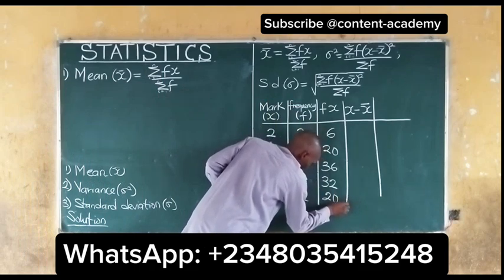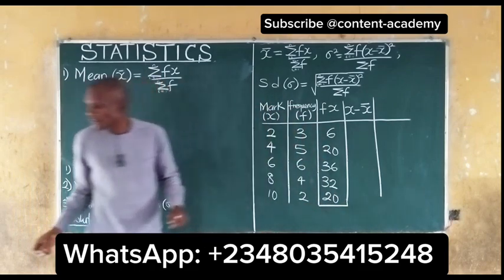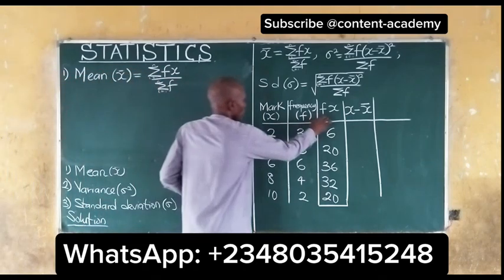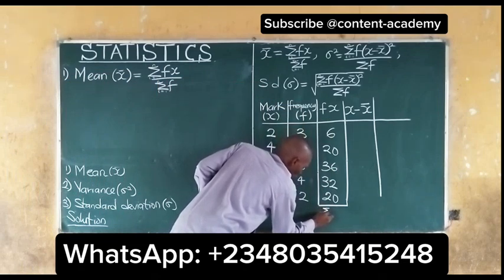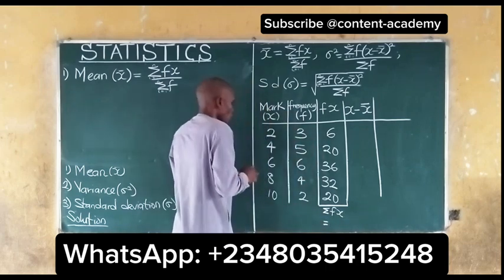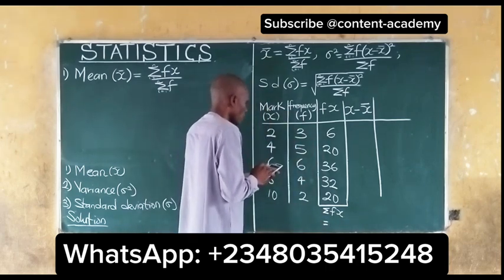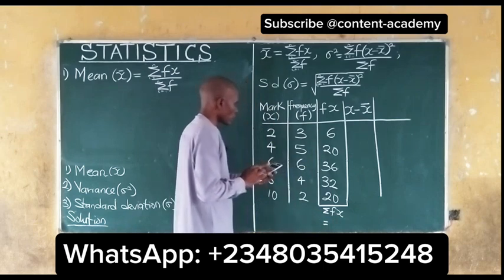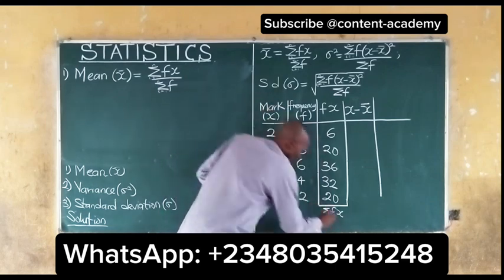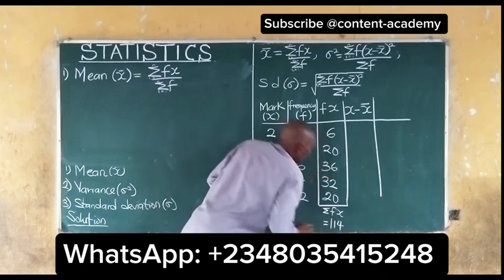We need to find the total of f of x, which is just the sum of this. That means the summation of f of x is equal to 6 plus 20 plus 36 plus 32 plus 20, which is 114.